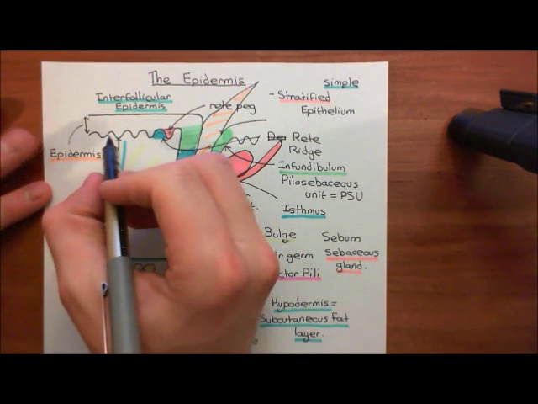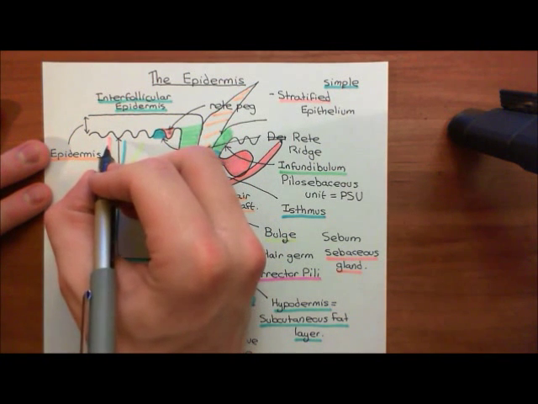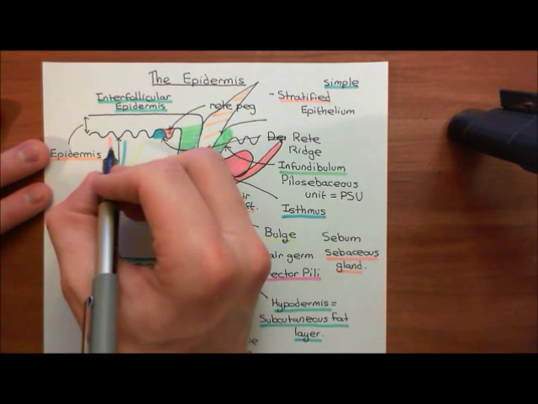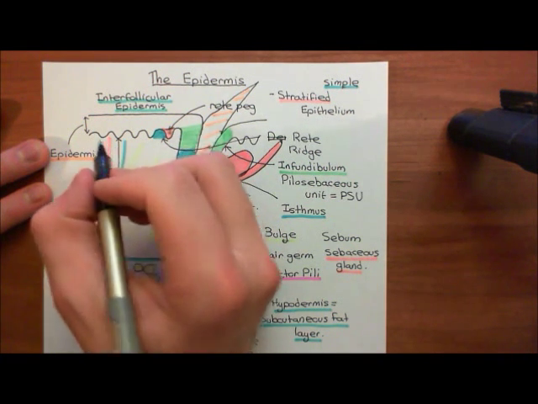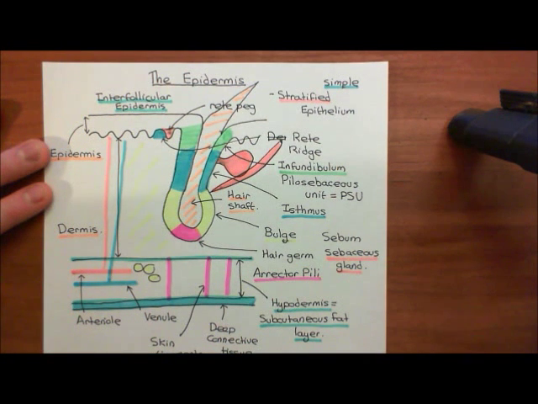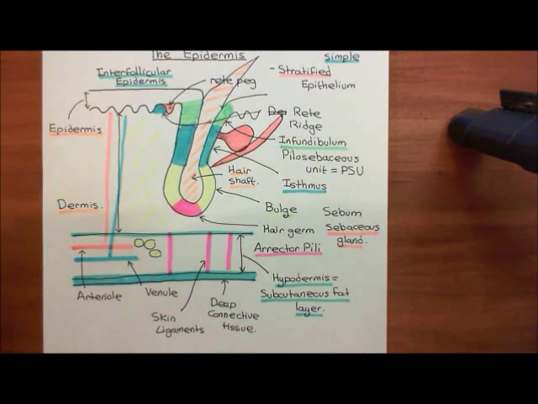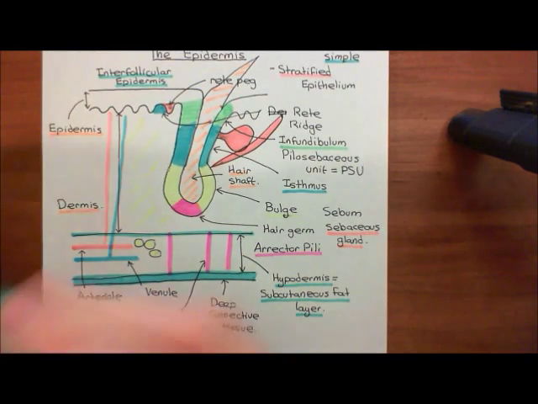Now, the bottommost layer of the epidermis is a basement membrane, and in fact, all epithelia sit on a basement membrane. So this isn't just something fancy for the epidermis. Absolutely all epithelia you can think of have one of these basement membranes. Let me show you on this picture what we're talking about.